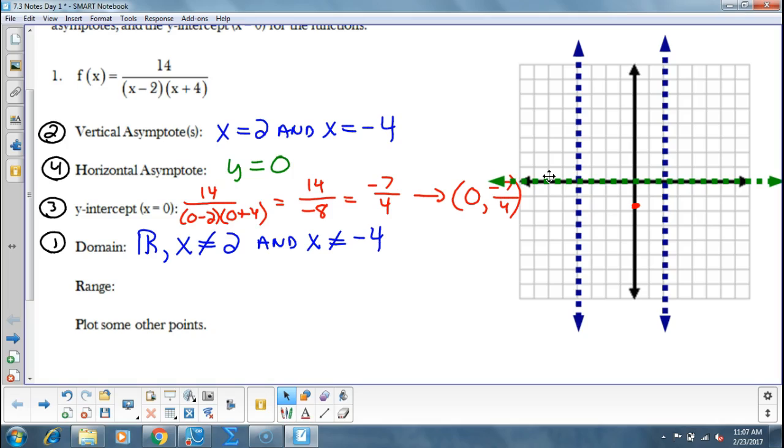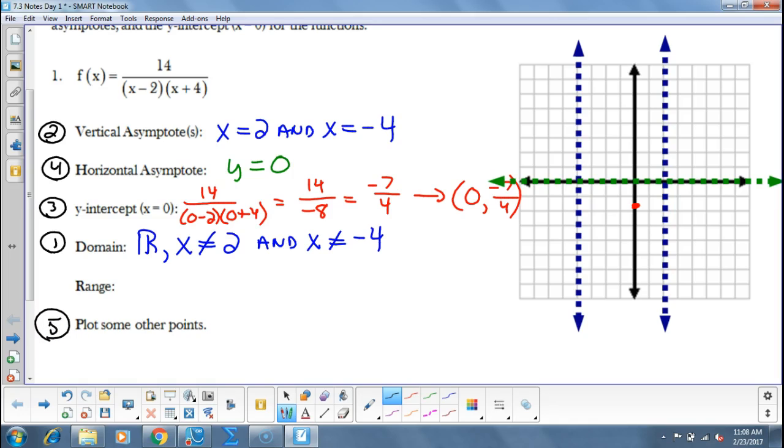Okay? What can I do next? We don't know that yet, though, because we don't have the graph. Okay? So we got to plot some points next then. Now, when you've got zones, as I like to call this, we've got 3 zones on this one.